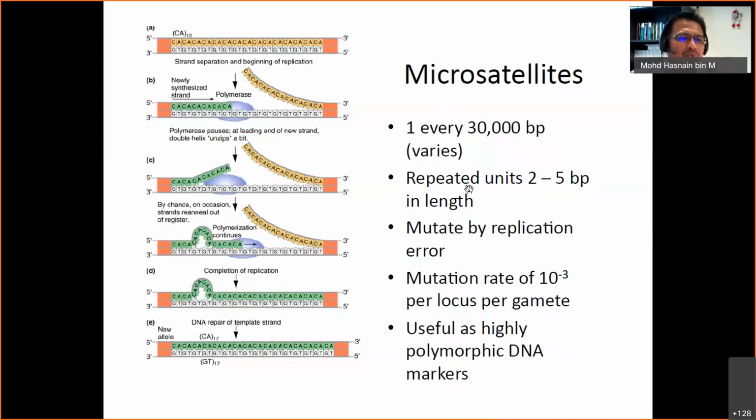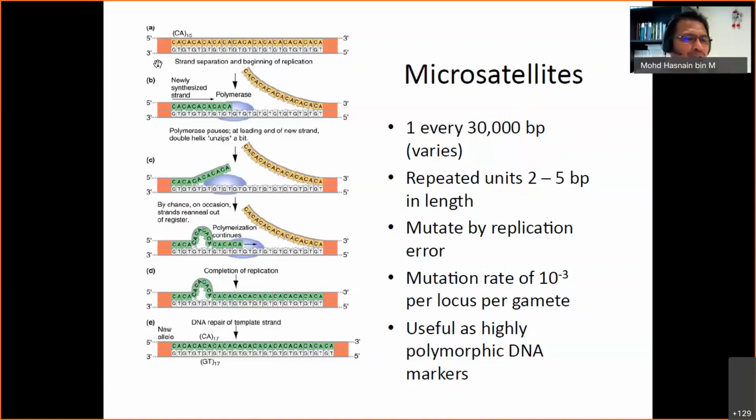Imagine you have a sequence of C and A like this one. This is a repetitive sequence of CA. You can see here (CA)15, so 15 repeats of CA. So this one is a microsatellite.